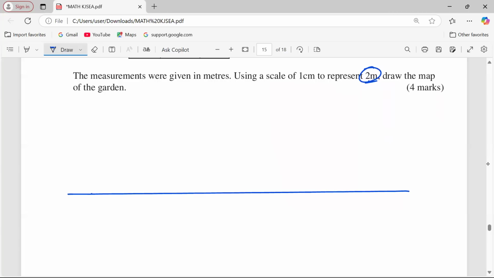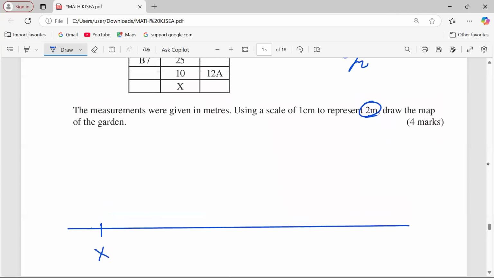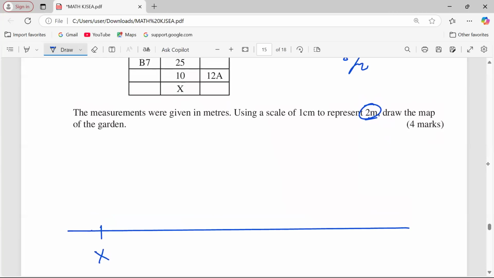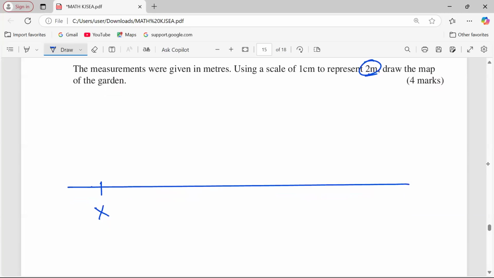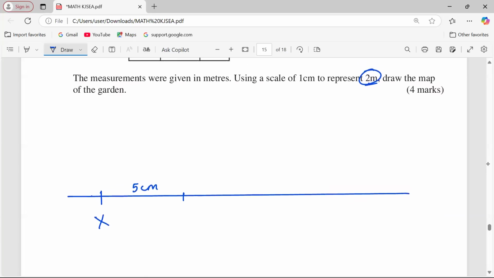So the baseline is X to Y. From X, we are going to measure 10 meters first. So 10 meters is represented by 5 centimeters. It is these 5 centimeters that represent the 10 meters according to the scale.